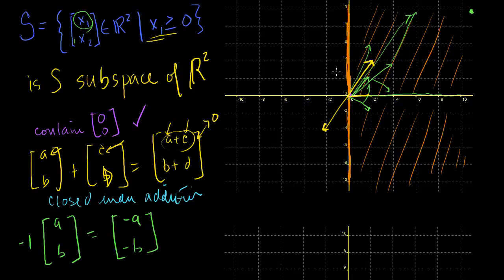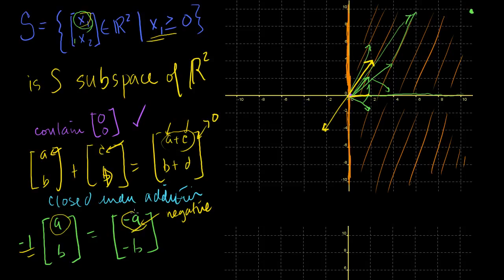Or if you just do it mathematically, clearly if this is positive, and let's say we assume this is definitely not 0, so it's definitely a positive number, then this is definitely going to be a negative number. So when we multiply by -1, for really any element of this set that doesn't have a 0 there, you're going to end up with something that falls out of it. This is not a member of the set, because to be a member, your first component had to be greater than or equal to 0.